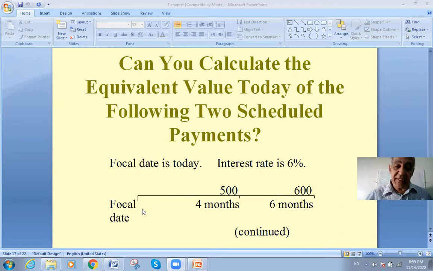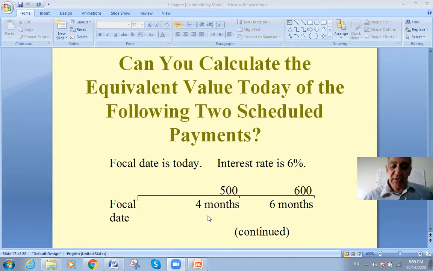So the focal date here, this is the focal date, and here you have after. Take as an example, someone will take $500 after 4 months from a bank, and he will take $600 after 6 months from the same bank. Or you have two bills of exchange, or two debts of yours.